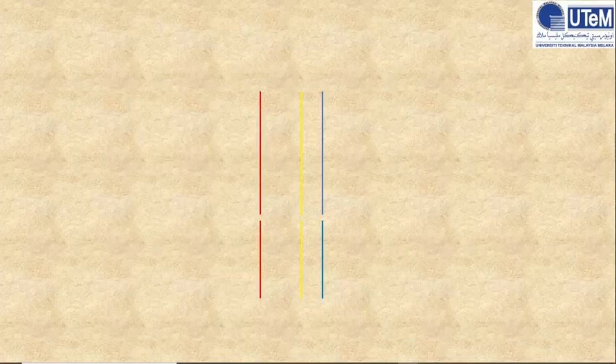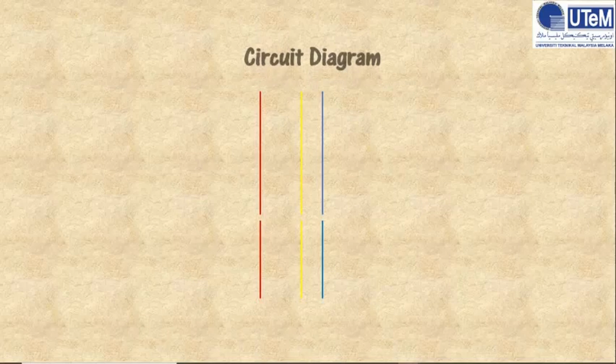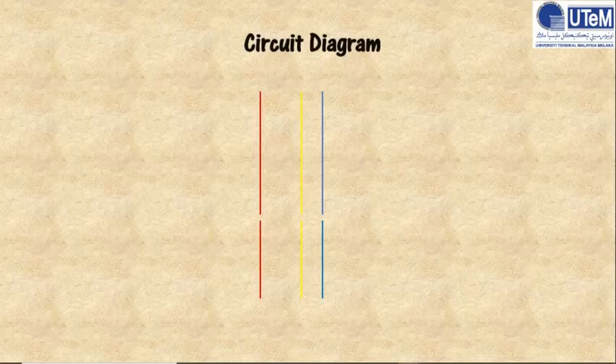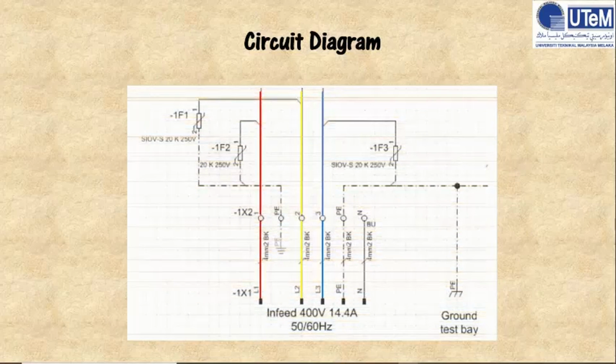Now I will talk about the circuit diagram in the FC kit. As we can see, there are 3 colors: red, yellow, and blue cable. PE is for earthing and neutral is for neutral. All of the 3 cables must be connected to the ground.